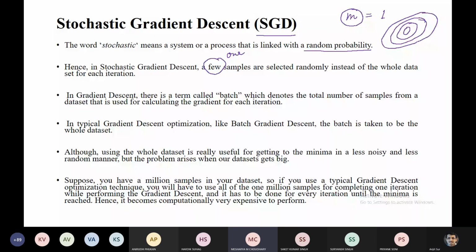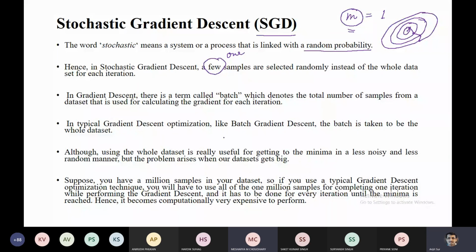You are here sometimes, now you can get there, you can get here, you can get there, and something like that comes in. But this path is smooth if we consider all of the samples. Minimum, less noisy, less random manner.